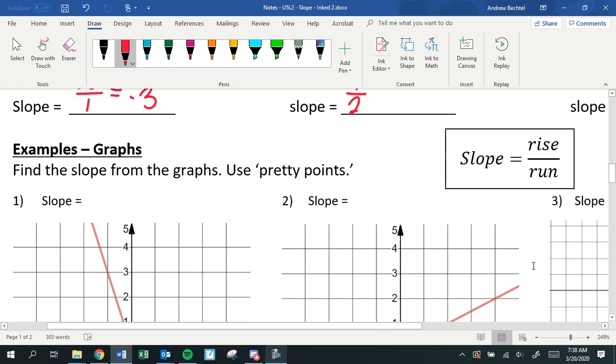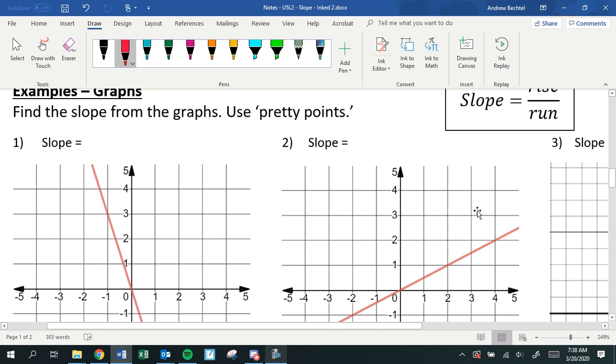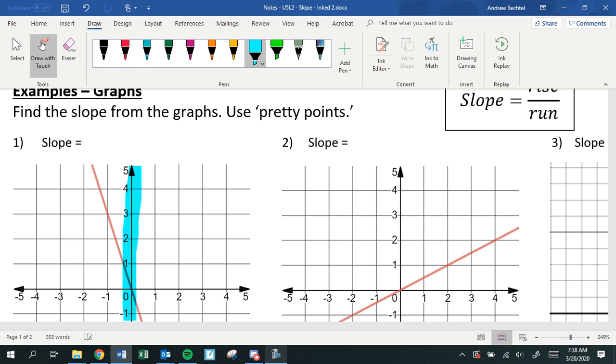The next examples are going to be from graphs. So we said in the key terms, slope is described as rise over run. We're still looking at the change in y, but because the y-axis moves up and down, this is our y-axis right here, the change in y tells us how much that graph goes up and down.